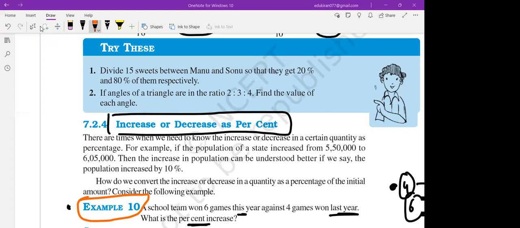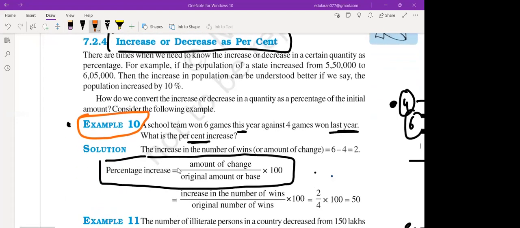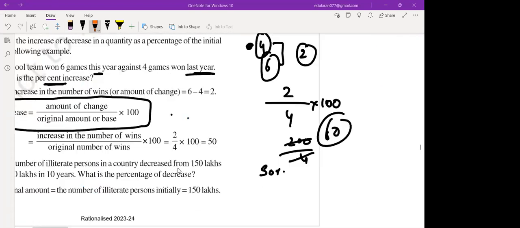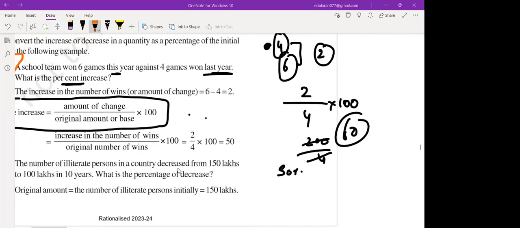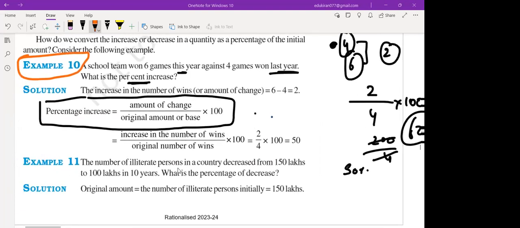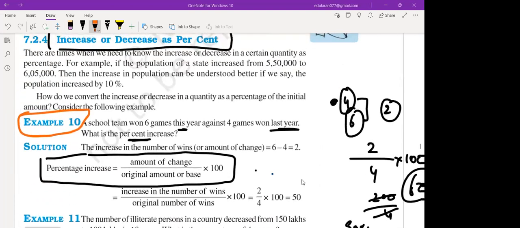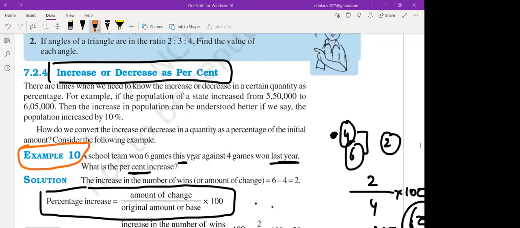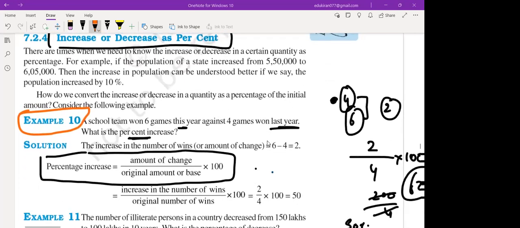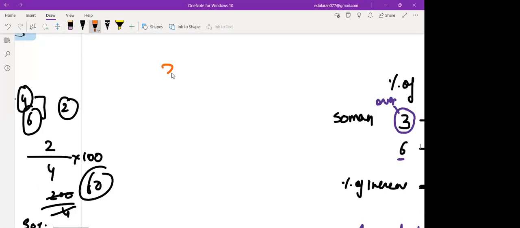Okay, so who will tell me the answer? Naisha, tell me. 50%. Everybody got 50? Yes. Because the amount of change was 2 games.